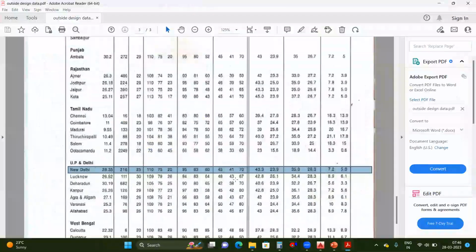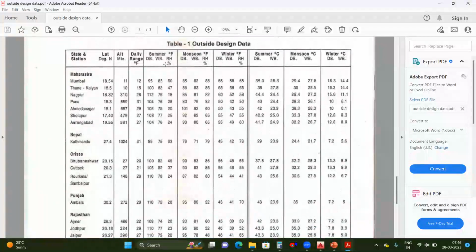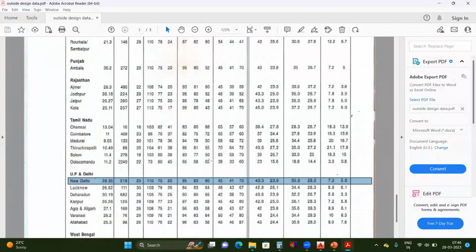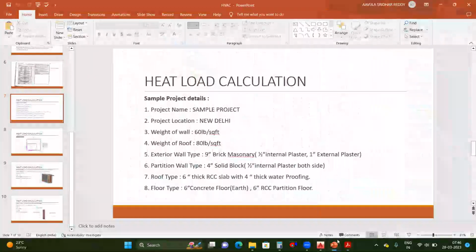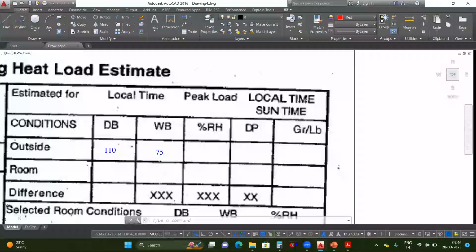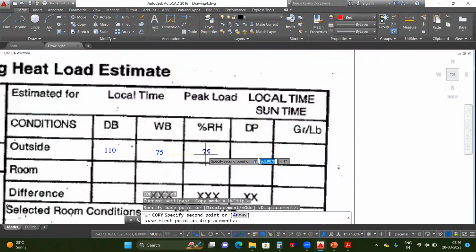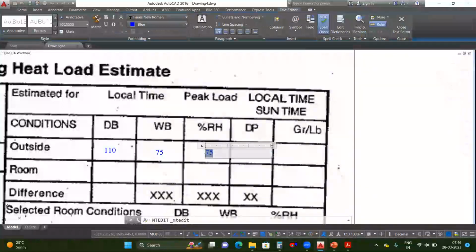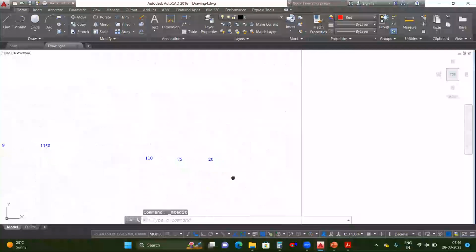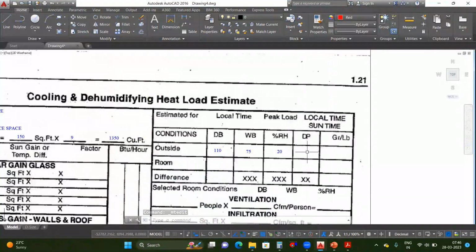And RH value is 20%. Yes, RH is 20%. Okay, so we need to find out the rest of the values from the psychrometric calculation. So we leave it like this.